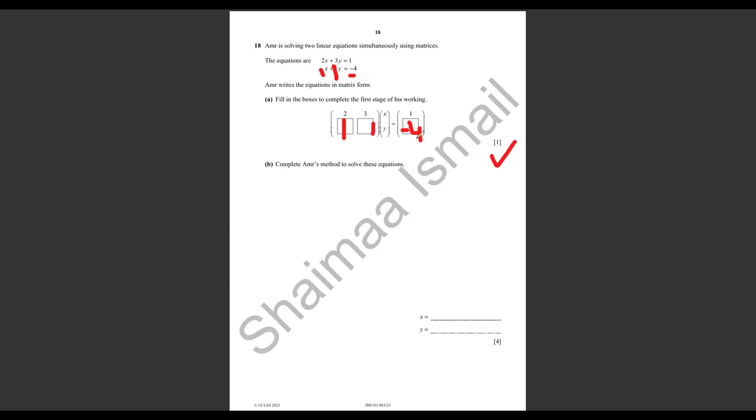Complete our method to solve the equation. So here we're going to get the discriminant of the answer here. So it would be here 2, 3, 1, 1. So we get the discriminant.